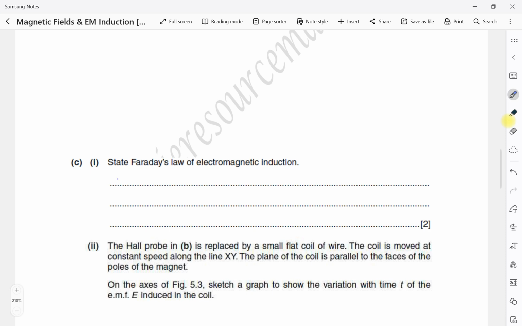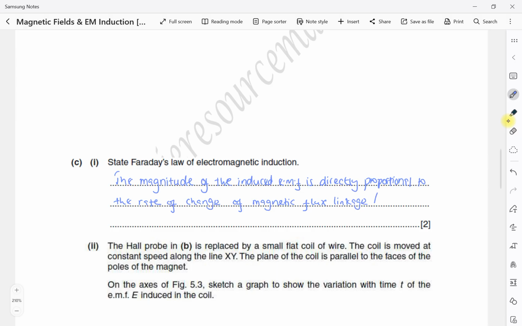Magnitude of the induced EMF is directly proportional to the rate of change of magnetic flux linkage.